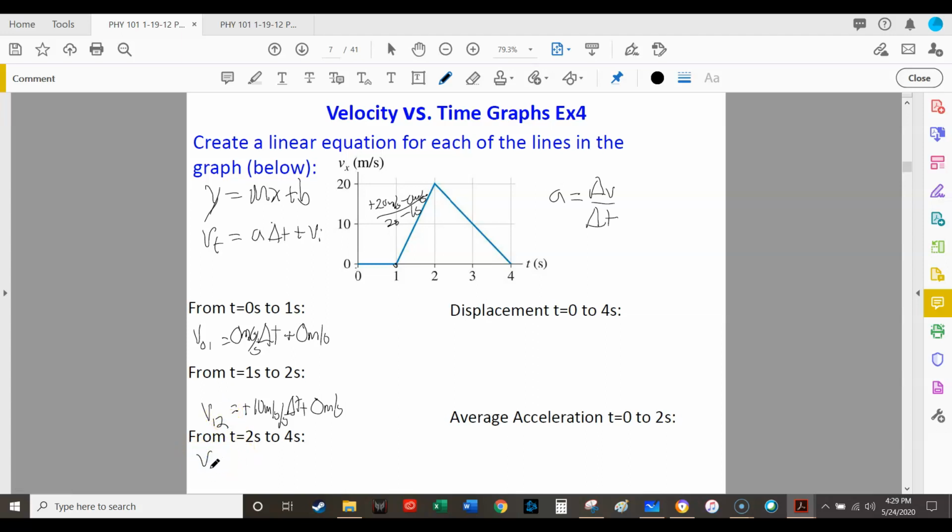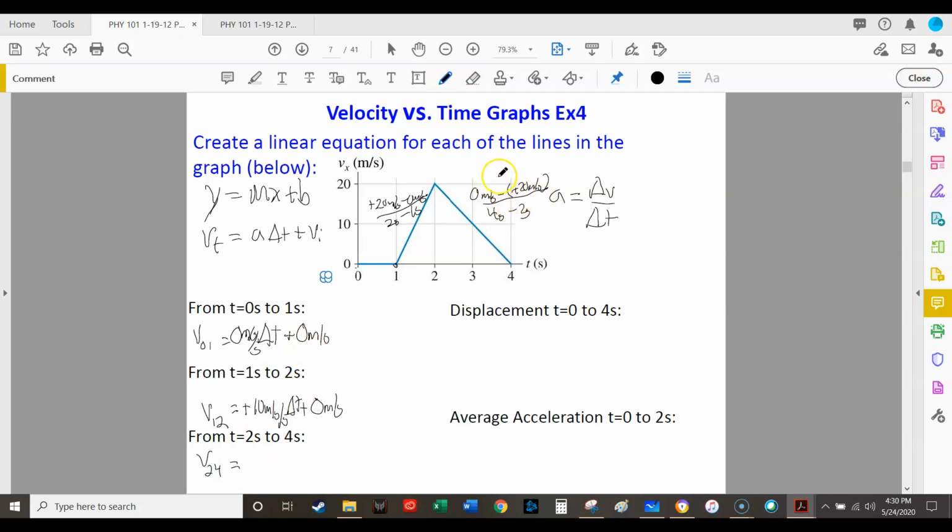Let's do the v23 equation. Well, this slope is going to be negative, and it's now changing from 20. So it's ending at 0 meters per second, and it started out at a positive 20 meters per second, over 4 seconds minus 2 seconds. And let me just change this. I realize that should be a 4 to 4.